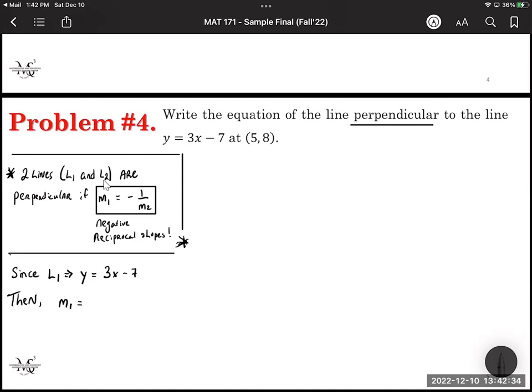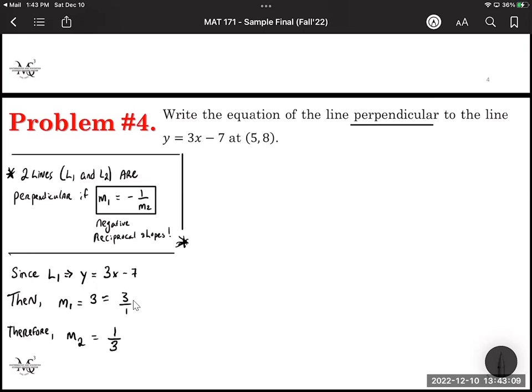What is the value of M1, the slope of line 1? 3, which is 3 over 1. I'll write that out. So we got M1 is equal to 3 over 1. Therefore, M2 has to be the negative reciprocal of this. So if I take the reciprocal of 3 over 1, mainly just flipping this fraction, it's 1 over 3.